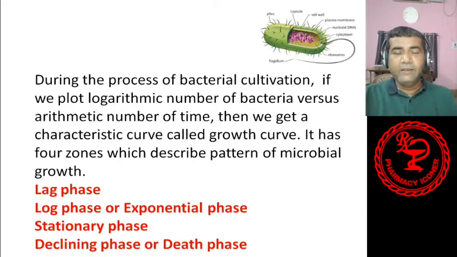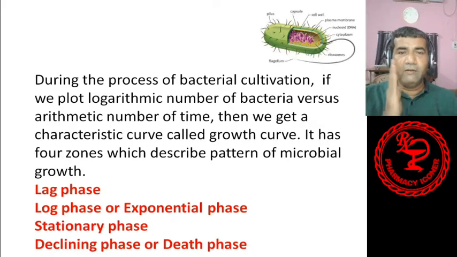That is, we inoculate a culture media and counting of time starts. So the number of bacteria is plotted on one axis, the log number. If the number is 20, log 20 is plotted on one axis and the time is plotted on the other axis.